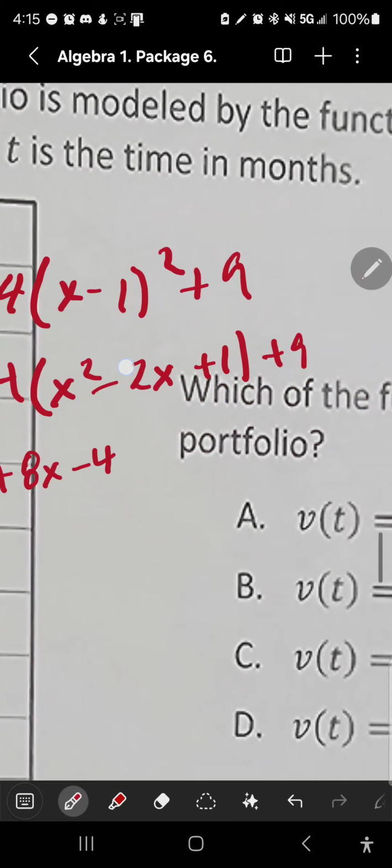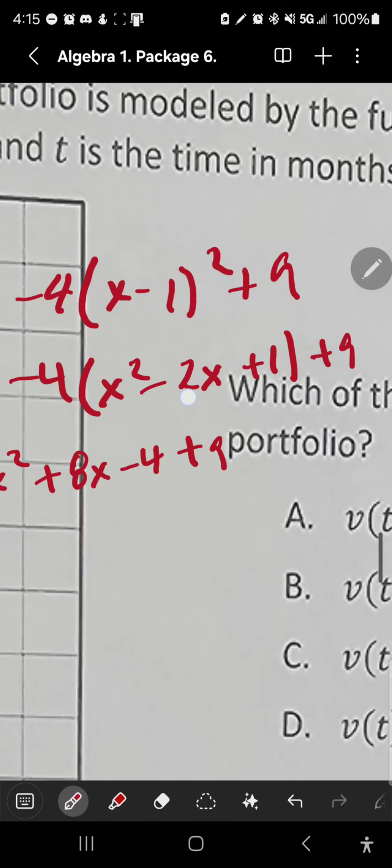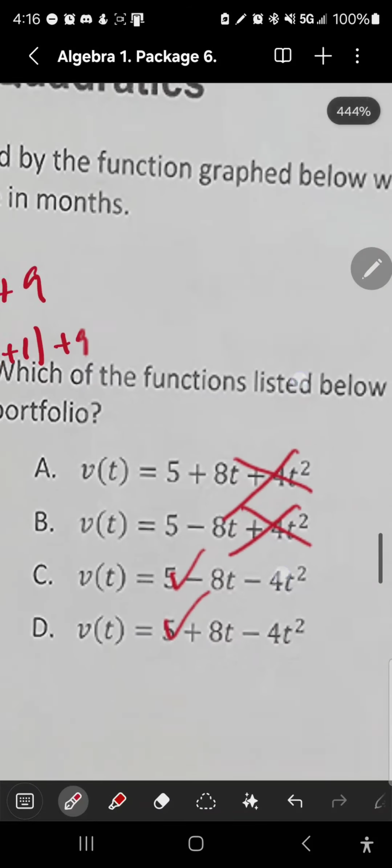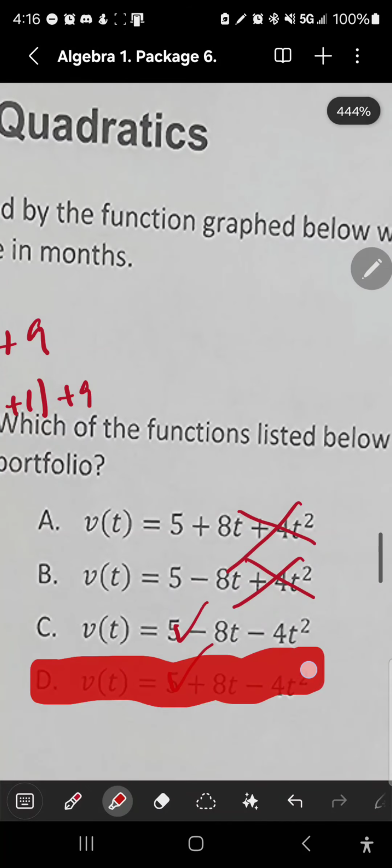Minus 4 plus 9, sorry, plus 8x, and 9 minus 4 is 5, so plus 5. And that's option D.